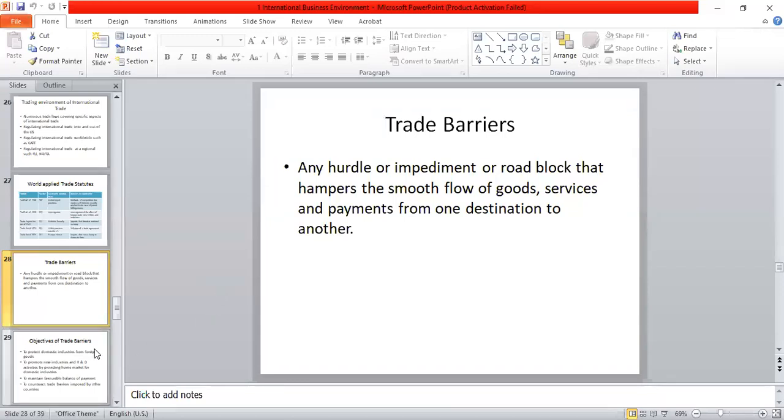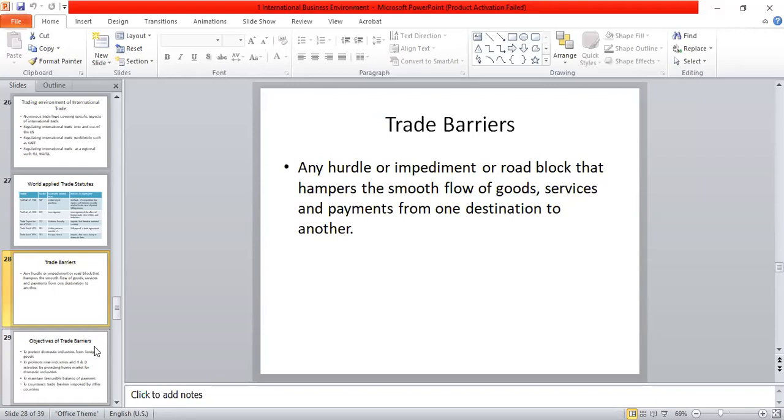Like recently, last month only, now it is September, in August, all of a sudden there was an ample crop of onion, and then the Government of India imposed a 40% tax on export. Farmers who want to export onion outside the country will have to pay 40%.